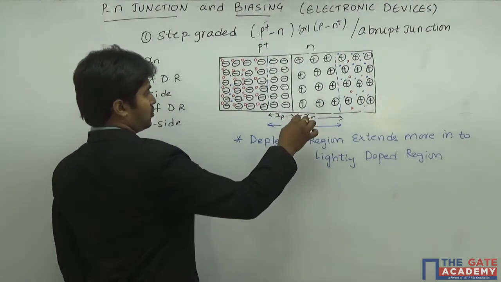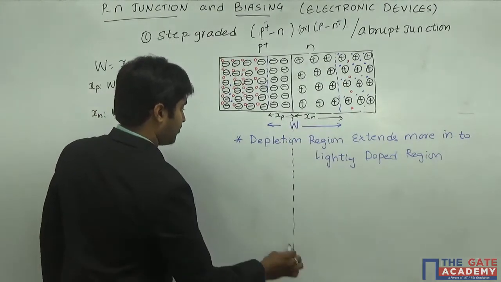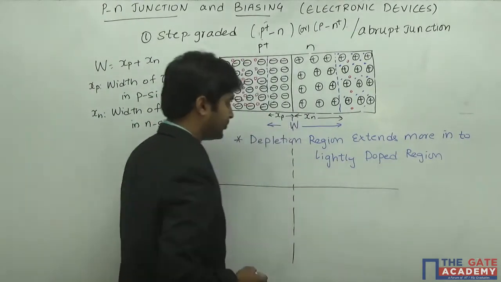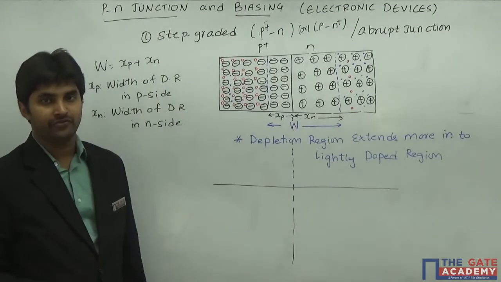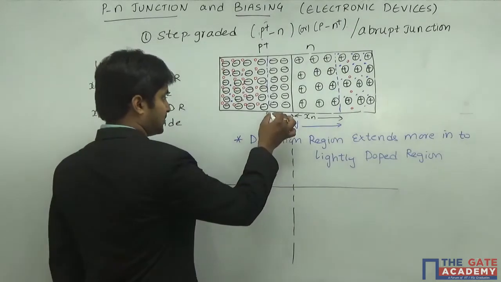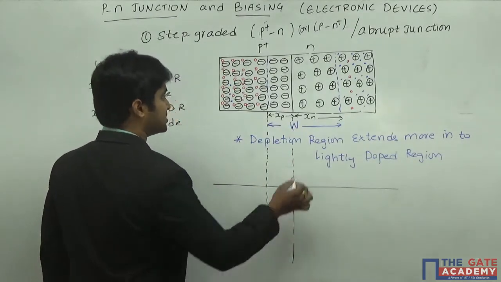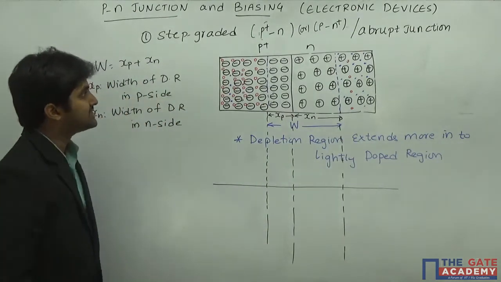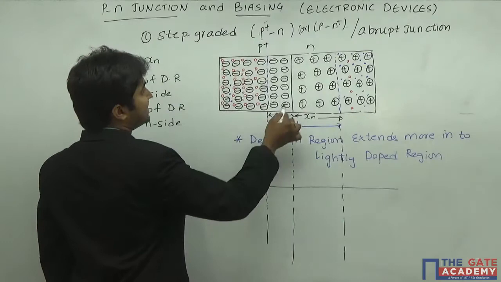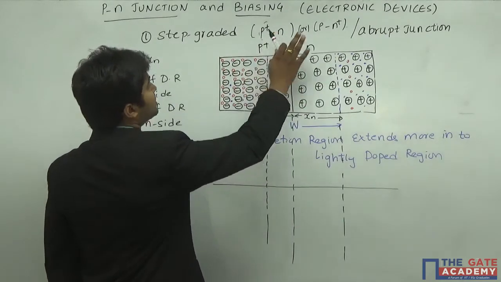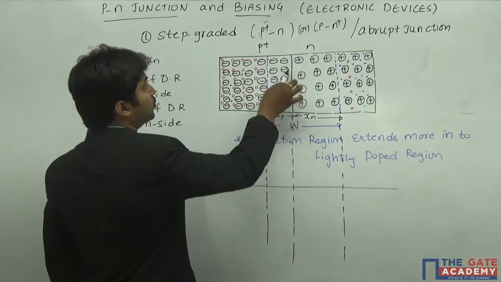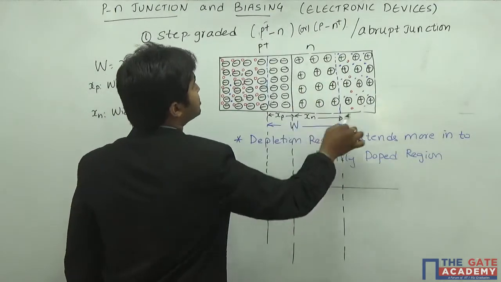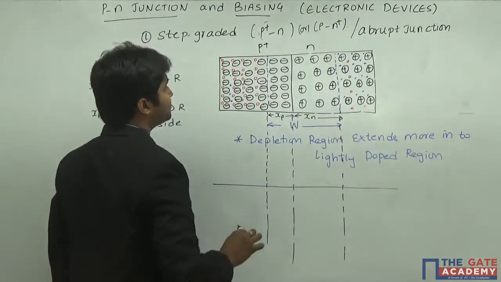So the next important thing that we are going to do here is draw the charge density profile inside the depletion region. You can see here that the P region is uniformly doped, and similarly the N region is also uniformly doped.